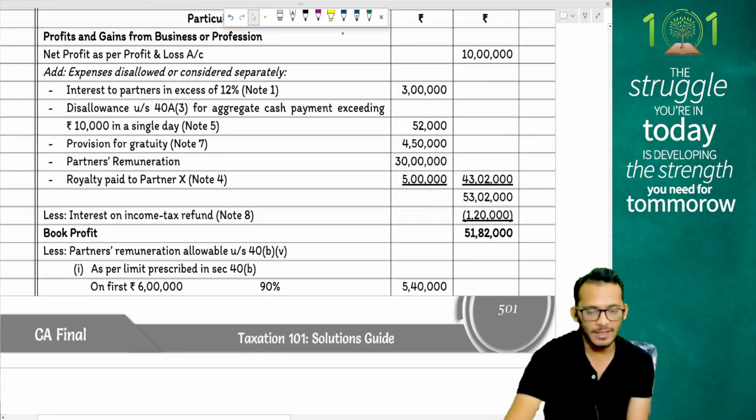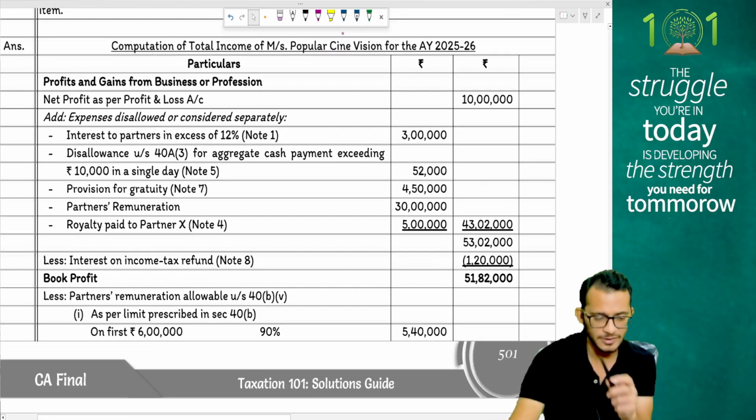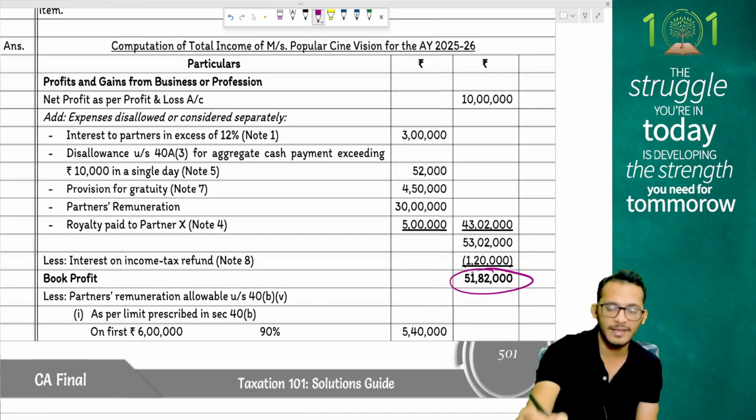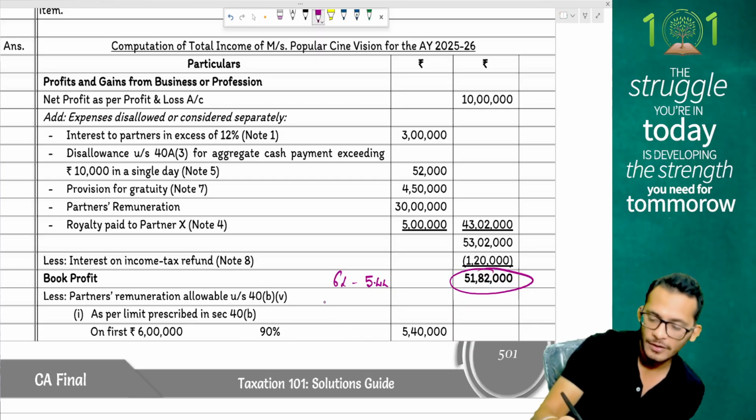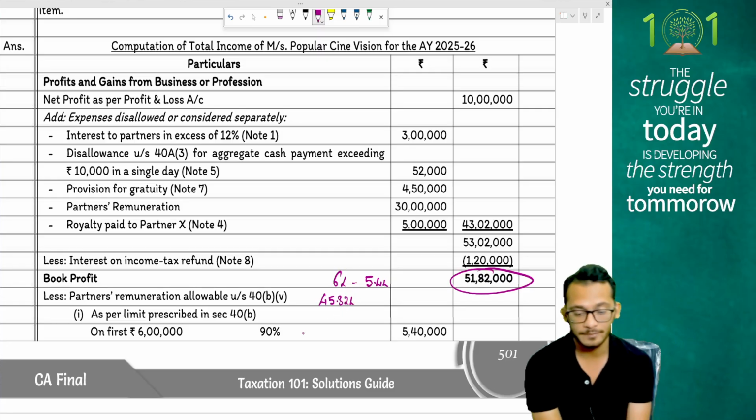If I have to show it to you quickly, people, after adjustments which we do, we will arrive at a book profit of 51,82,000. Check and tell me, for the first 6 lakhs, it is 5,40,000, and for the balance 45,82,000 at the rate of 60%.